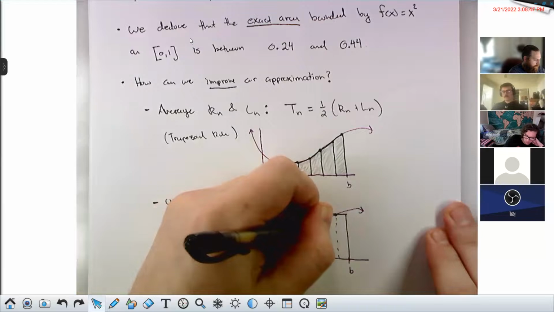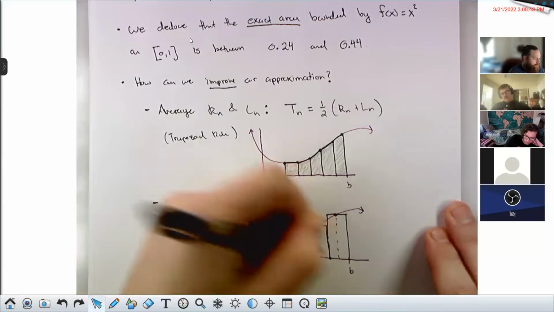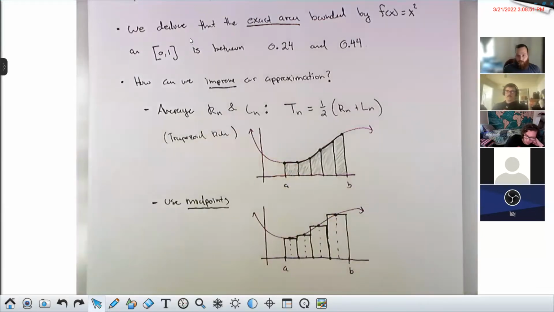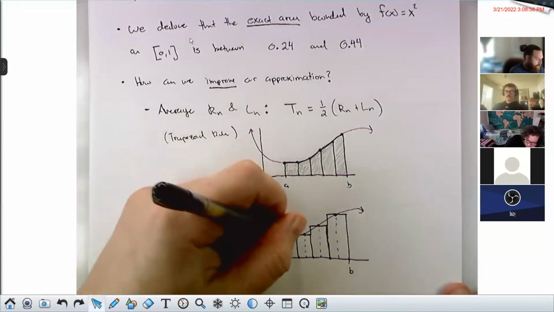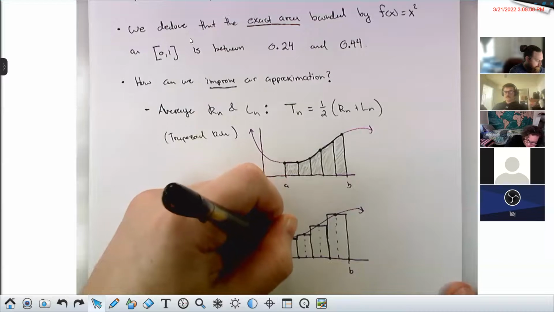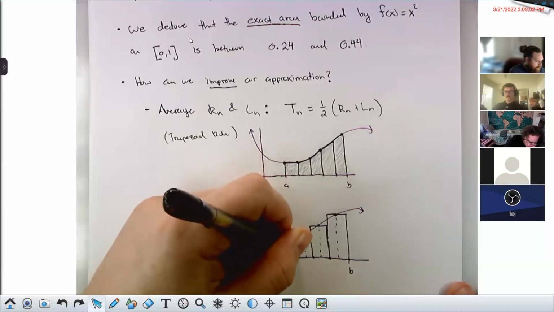So the midpoint approximation, again, for monotone functions, for functions that are always increasing or always decreasing, will lie between the left and right endpoints. We'll give you an answer that is in between those two answers.